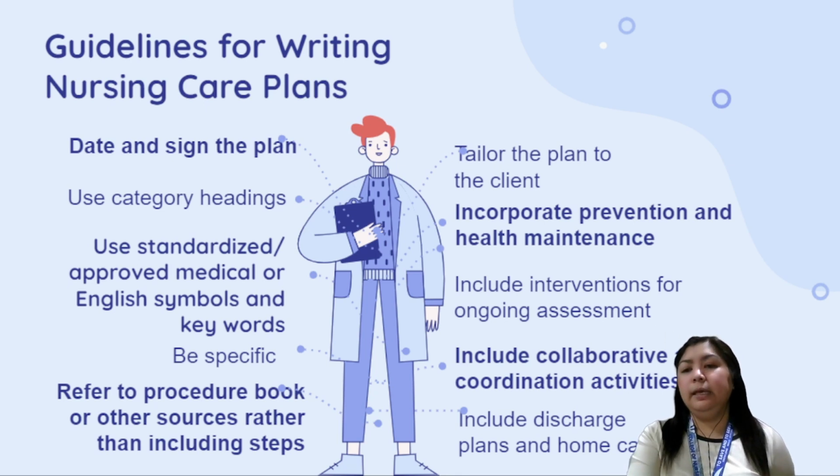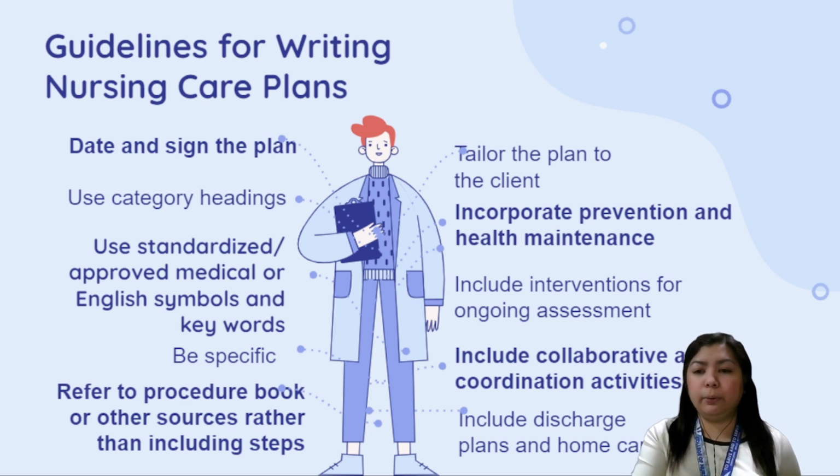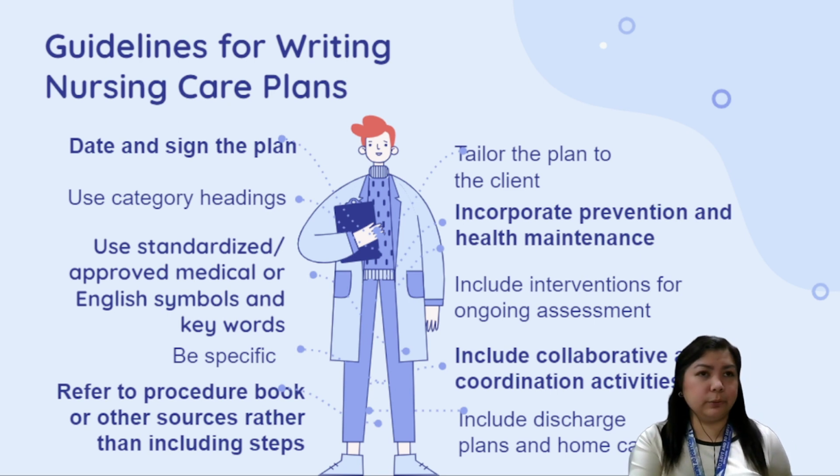Include collaborative and coordination activities. Collaborative meaning the different members of the healthcare team, and coordination activities requiring those of dependent nursing responsibilities. And of course, if the patient is in the hospital, you need to include plans that he or she can follow once they are already at home.